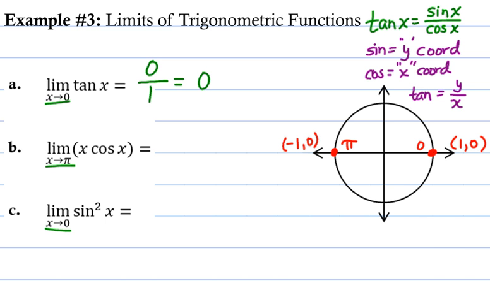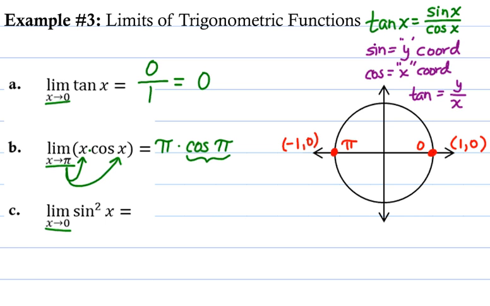D. I have the limit as x approaches pi of x times cosine of x. So I'm going to go ahead and plug in pi. I get pi times the cosine of pi. So I look on my unit circle, and the cosine of pi is the x-coordinate of pi.